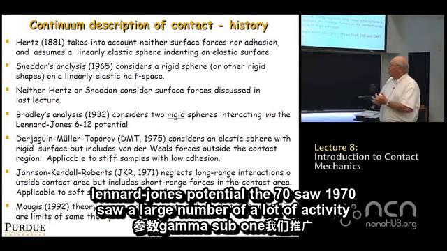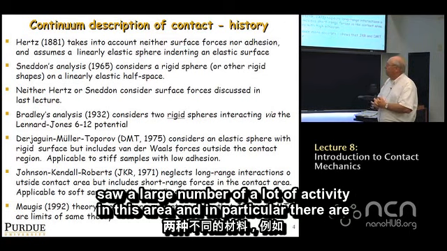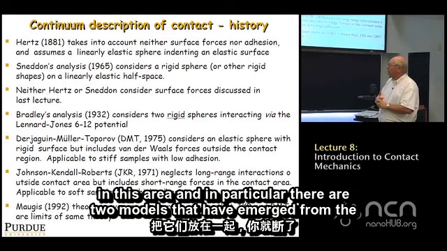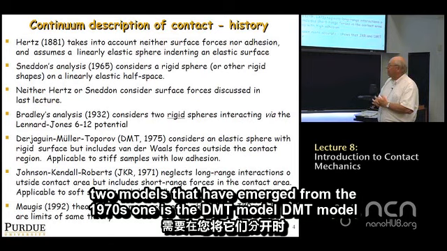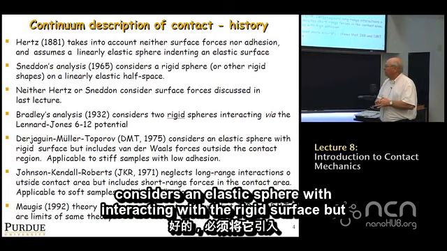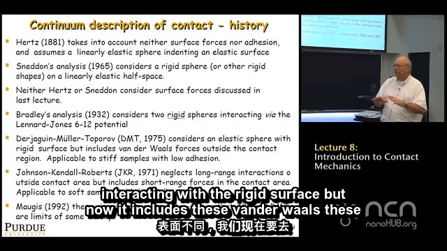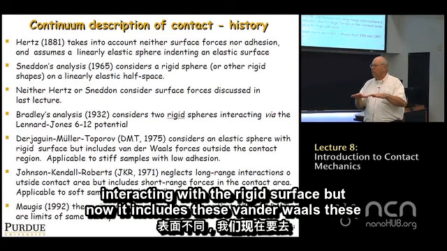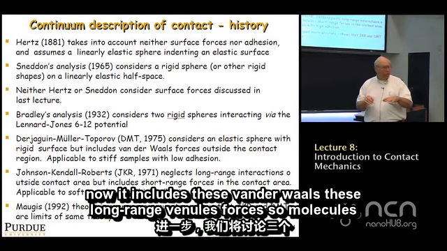The 1970s saw a lot of activity in this area, and in particular, there are 2 models that have emerged from the 1970s. One is the DMT model. The DMT model considers an elastic sphere interacting with a rigid surface, but now it includes these long-range van der Waals forces.